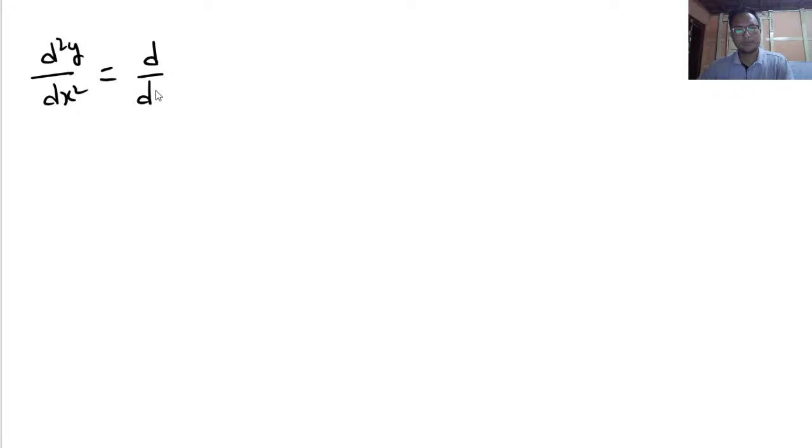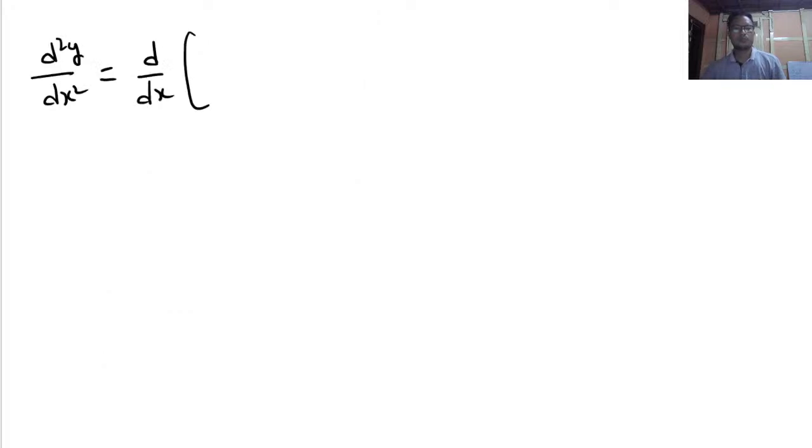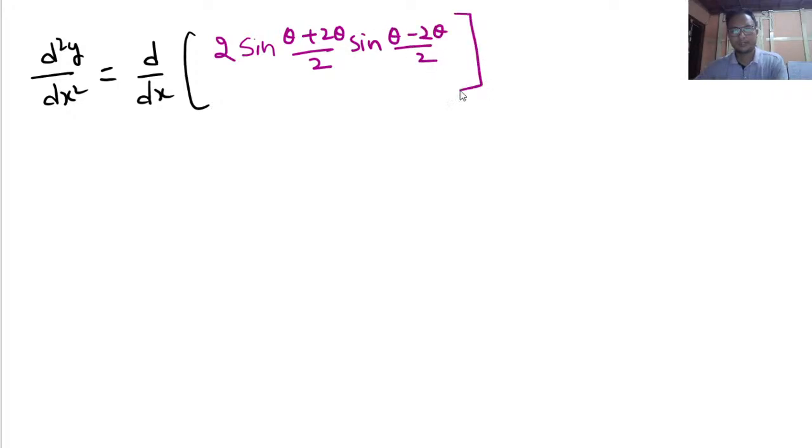So now dy/dx is equal to, in the numerator, cos theta minus cos 2 theta. For cos a minus cos b, the formula is minus twice sin of (a plus b) divided by 2 into sin of (a minus b) divided by 2.